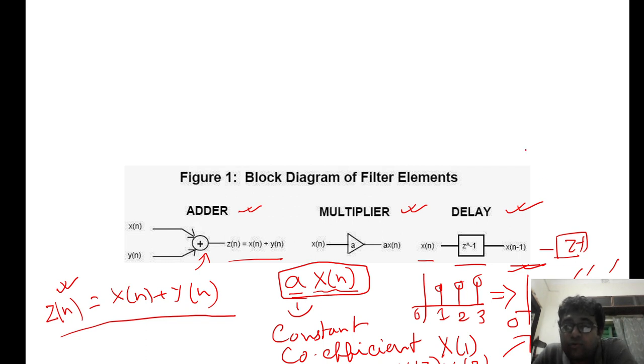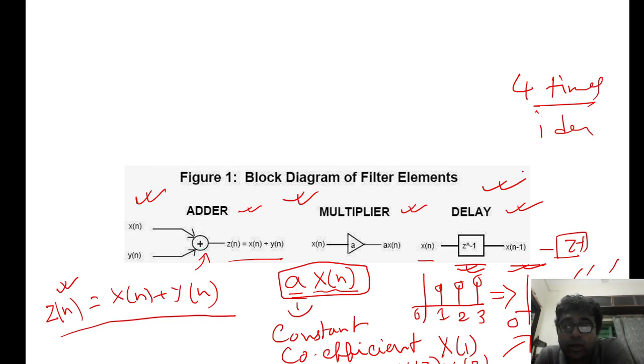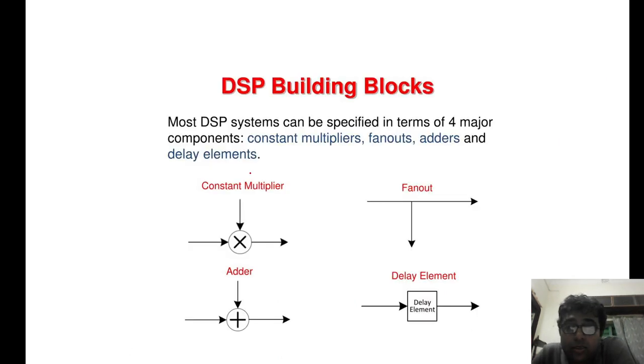So if we have to make a delay of 4, we have to make the signal go through this delay element 4 times, or 4 different delay elements with identical features. The same result will be provided. So we have these three basic blocks: adder, multiplier and delay element. Okay. Another one is constant.